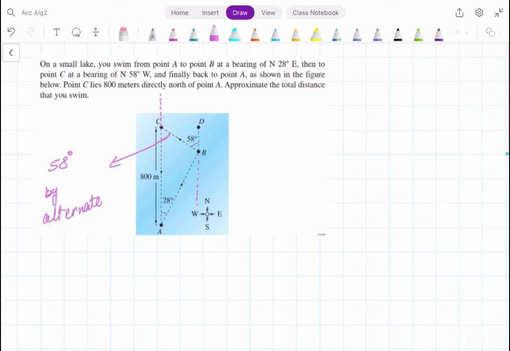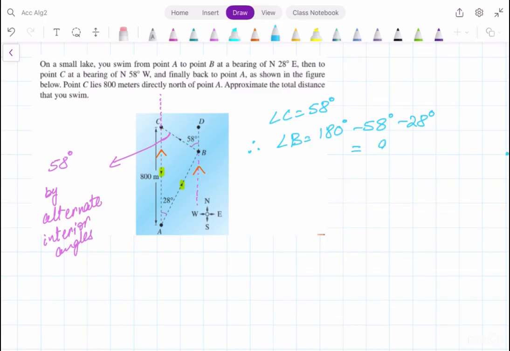So using the alternate interior angle theorem, angle C is nothing but 58 degrees, right? So again, side length AC is parallel to side length DB. So angle C is 58 degrees, angle A is given as 28 degrees, so angle B will be equal to 94 degrees.